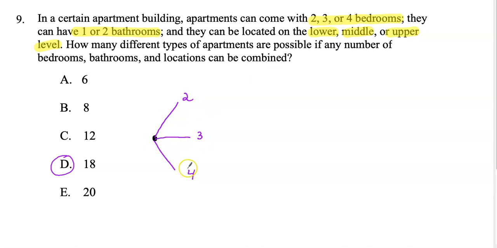Now, from the 2, 3, or 4 bedrooms, they can come with 1 or 2 bathrooms. So this 2-bedroom apartment can come with 1 or 2 bathrooms, right? Same with this. If it is a 3-bedroom apartment, it can come with 1 or 2 bathrooms. And the 4-bedroom here can also come with 1 or 2 bathrooms.